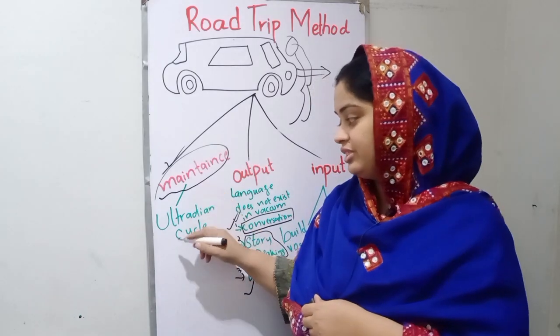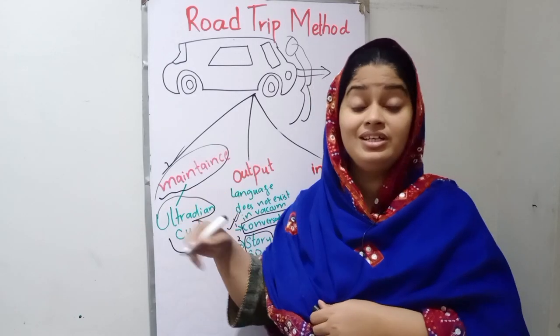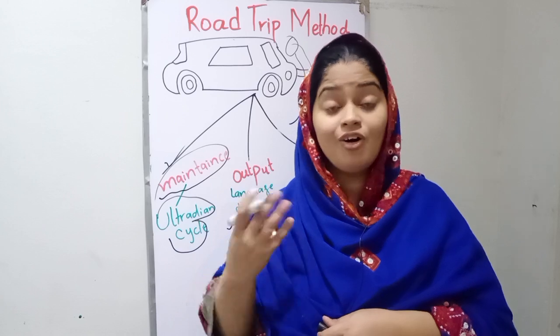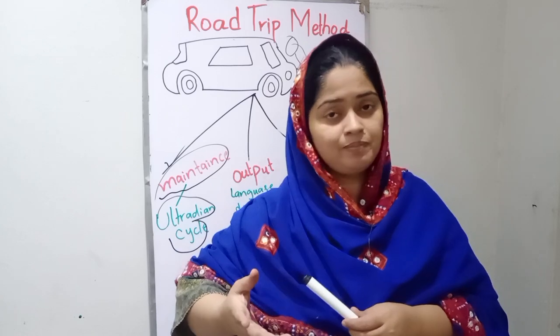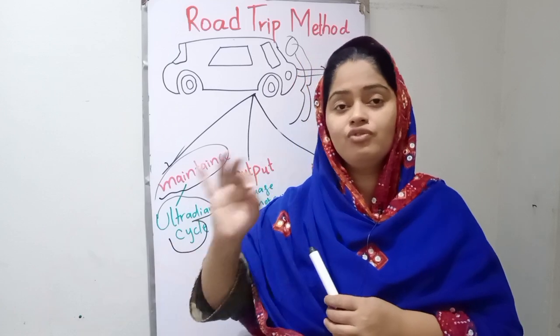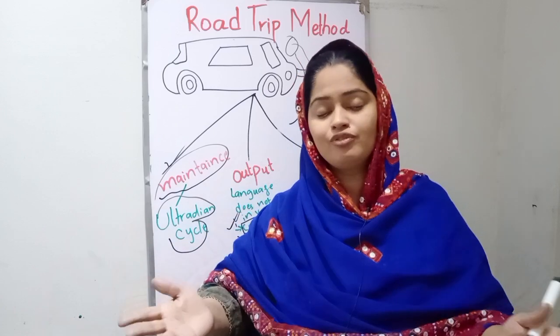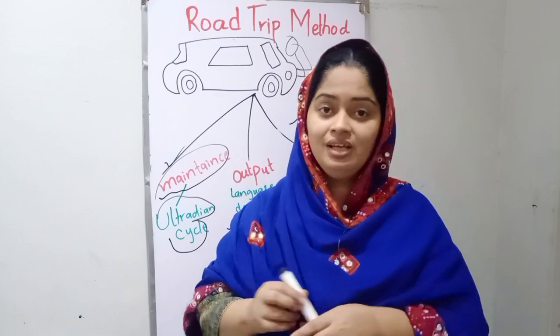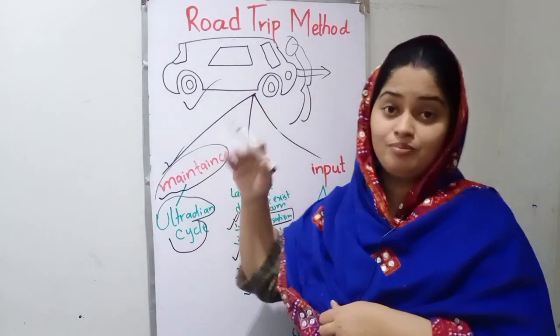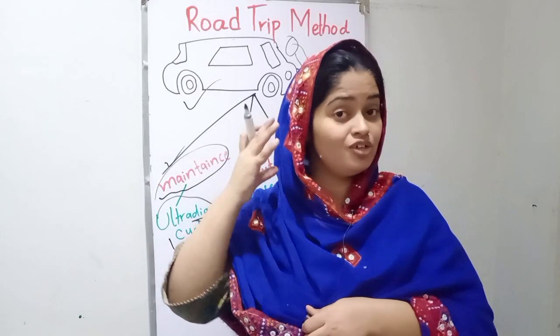And how can you do this? You can do this by the ultradian cycle. Now what is this ultradian cycle? You can take breaks. For example, if you are studying for 1 hour, take a 10 minute break in order to maintain the system of your working vehicle, because this mind is after all your vehicle.